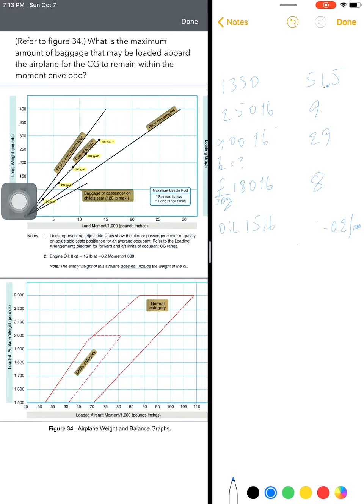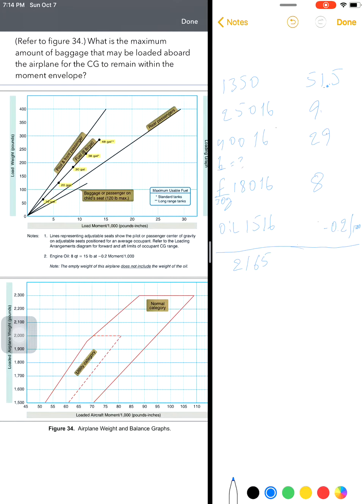Now we need to know how much baggage we can load, but in order for us to know how much baggage we have to add here, we have to know where we are first of all. So we're going to go ahead and add all these weights and then add these moments. 1350 plus 250 plus 400 plus 180 plus 15 equals 2165.